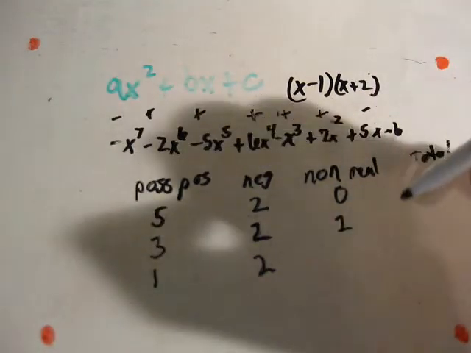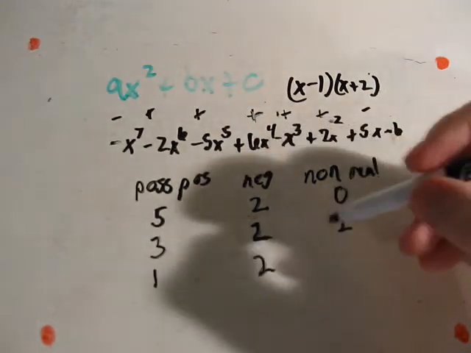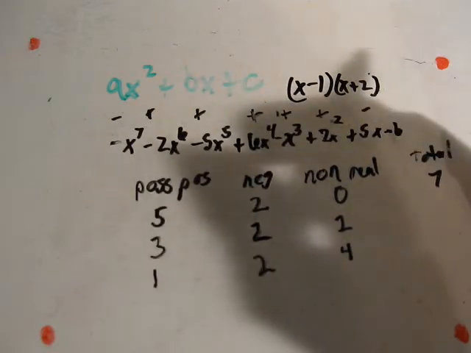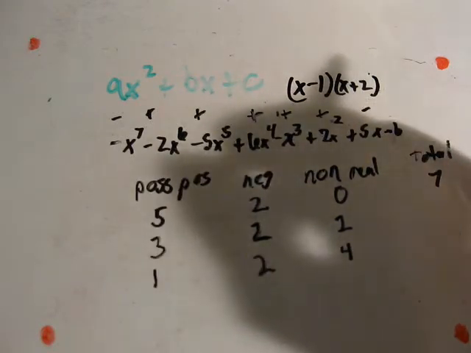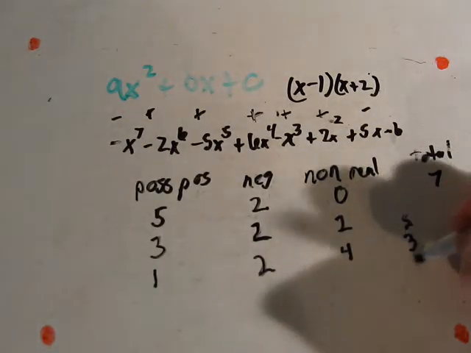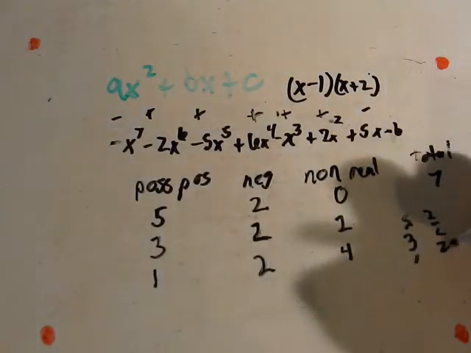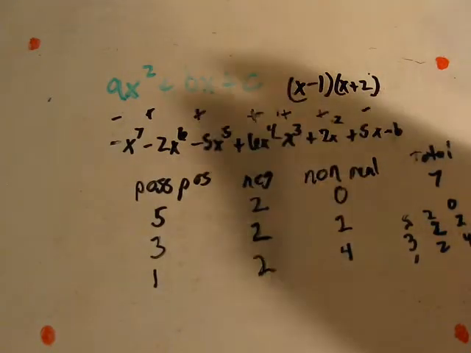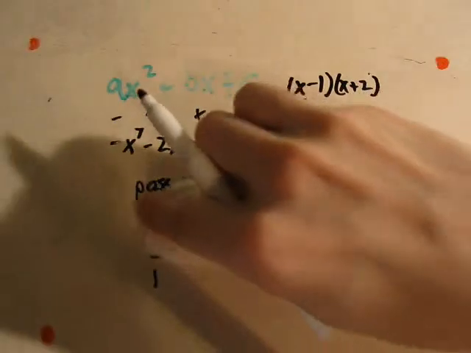So that means of the 7, 3 can be positive and negative, and that 4 are non-real. So let's keep in mind 5, 3, 1, 2, 2, 2, 0, 2, and 4, because there's more combinations.